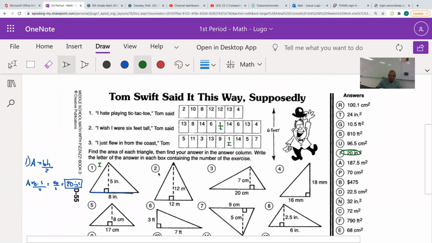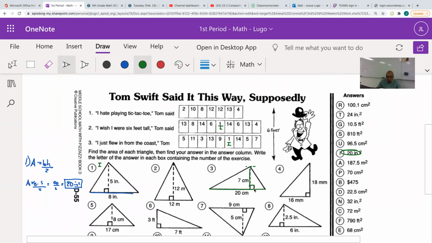Let's try the next one, which is actually the exact same one that we did in our notes. So let's actually do number 3. Notice how our base is 20 and our height is 7. And notice how they tell us that this is the height. This is the shortest distance from the base to the highest point.